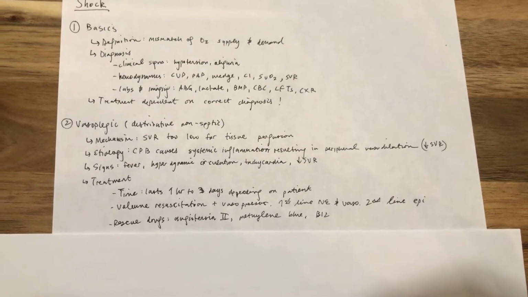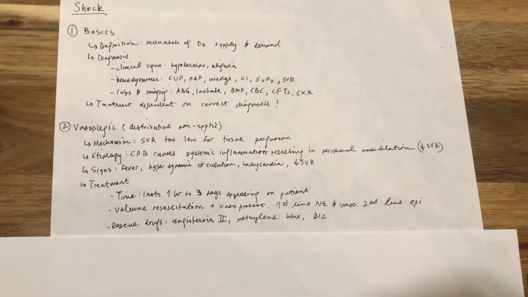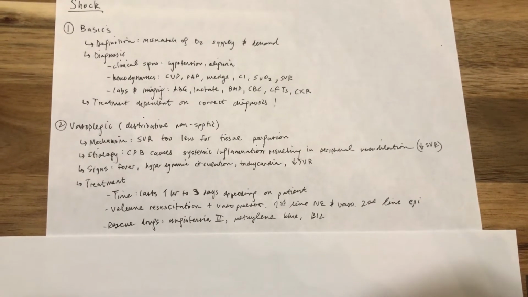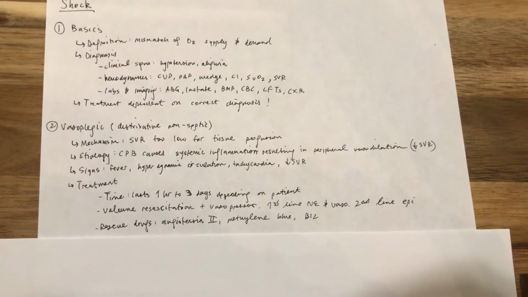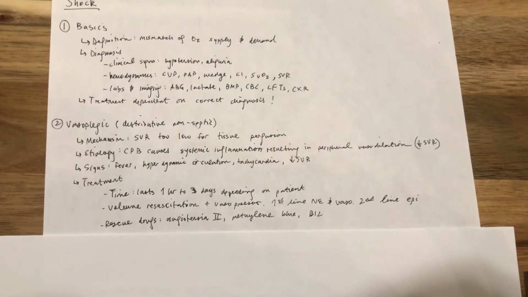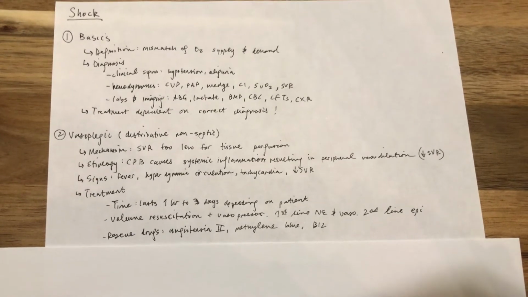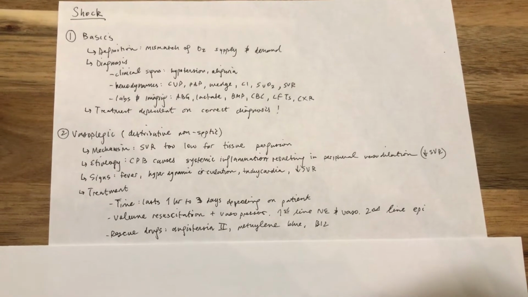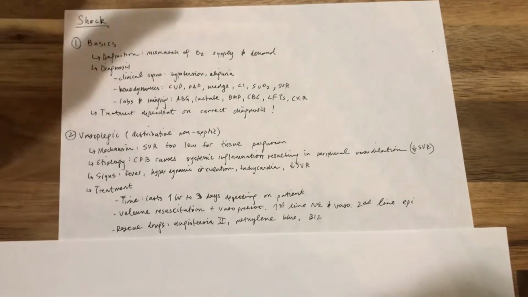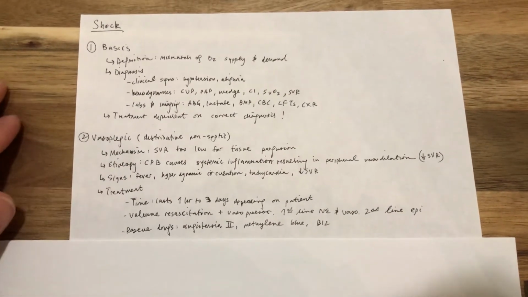And how we treat this in the limited time frame that it occurs is primarily with volume resuscitation. Adding vasopressors is sometimes necessary. First line is norepi and vasopressin. Second line is epi. There's also a couple rescue drugs as well, such as angiotensin 2, methylene blue, and vitamin B12, which are rarely used but can be utilized in very severe or refractory vasoplegic shock.